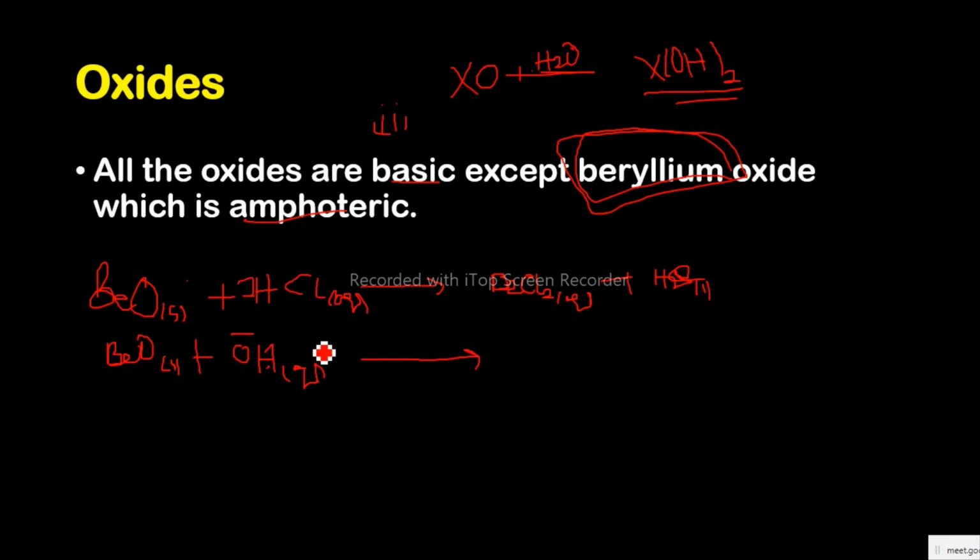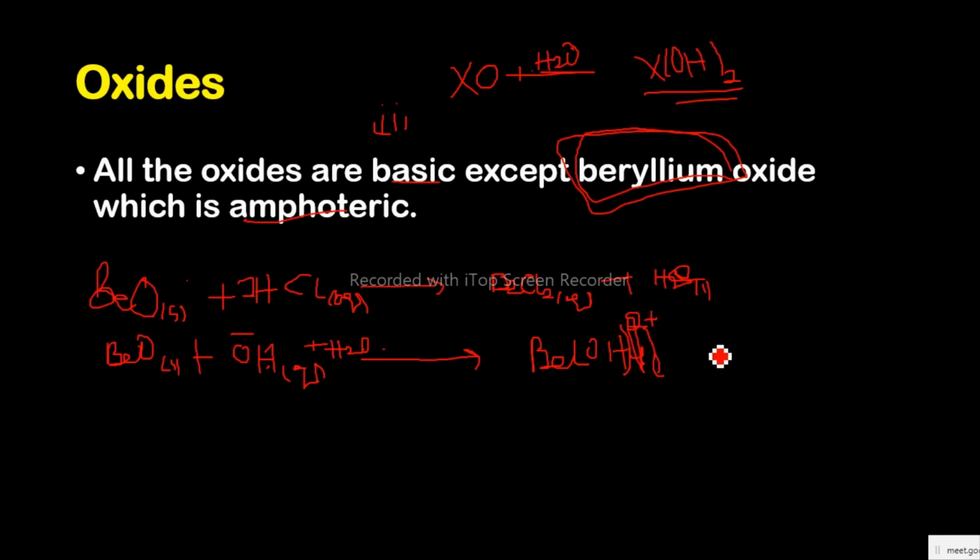We need to add water here, just for balancing the equation. Plus water, we shall get our beryllate, Be(OH)4, the 4 is outside. So it is as simple as that. And you have 2 minus, 2 plus.